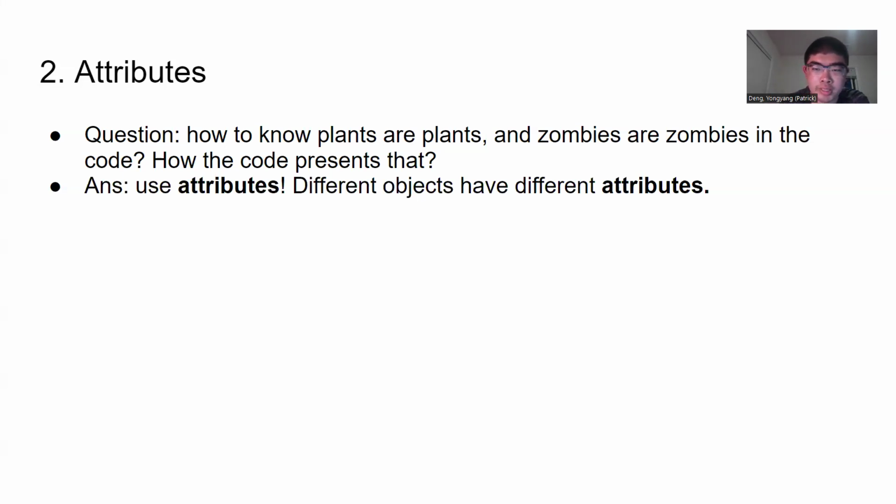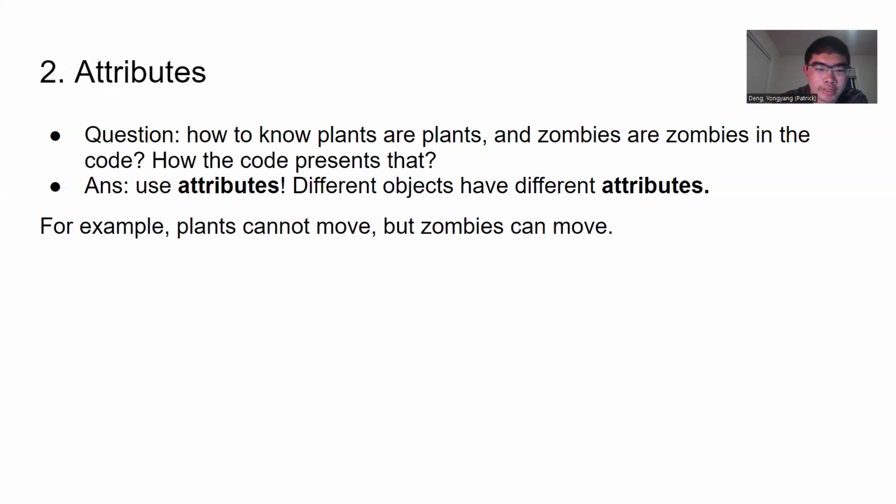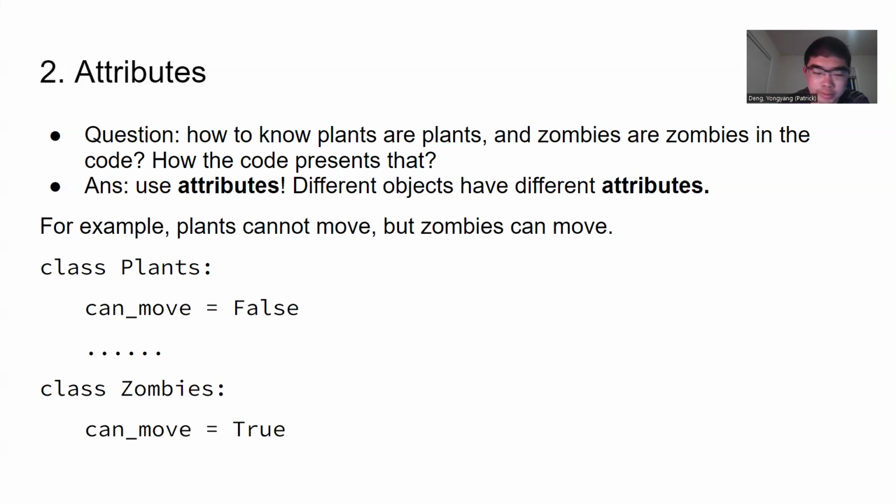For example, what kind of attributes can we think about first? We can say basically plants cannot move, but zombies can move. So you can create two classes, and in each you can create a Boolean object. In plants, can move is equal to false.